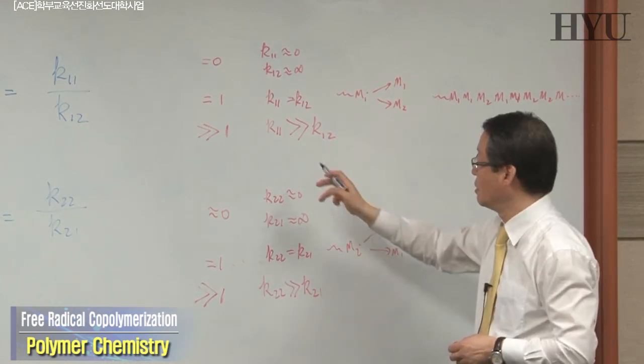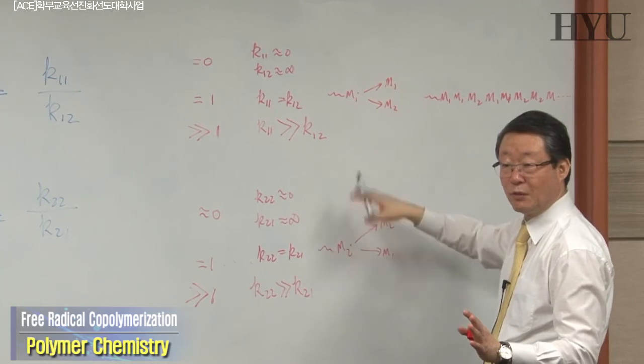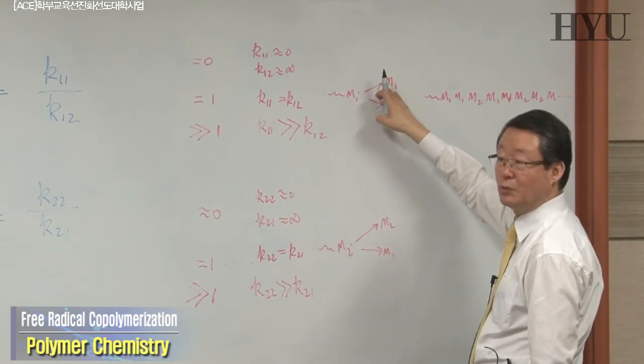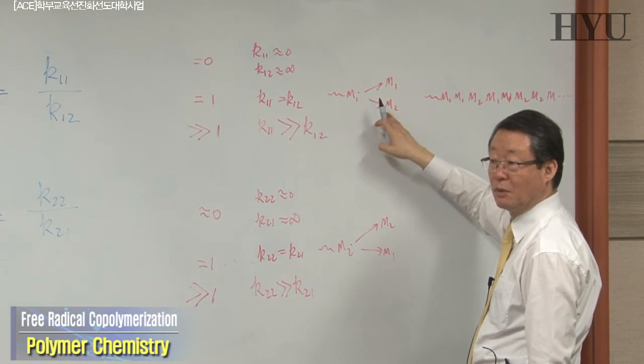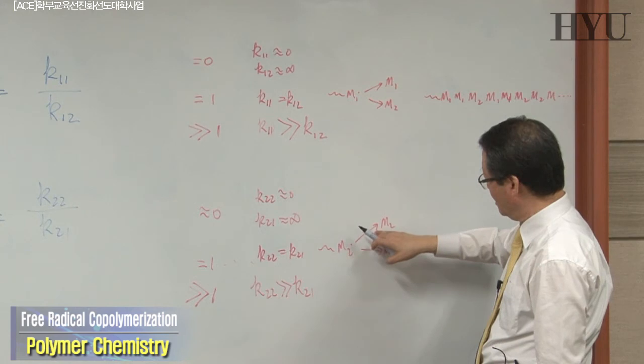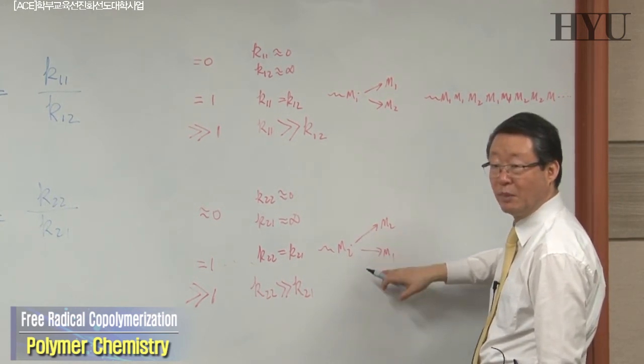So you have a great chance, I do not want to reiterate, but whenever you have M1 dot, there is a chance to meet with M1 rather than M2. Whenever you have a M2 dot, the next monomeric unit will be M2 rather than M1.